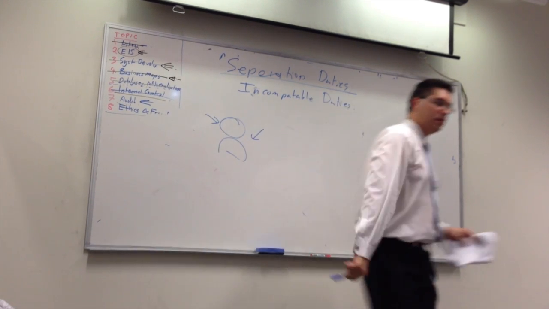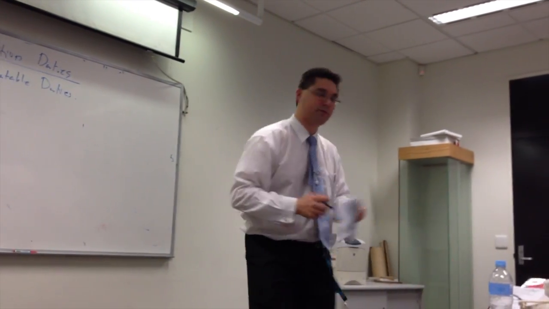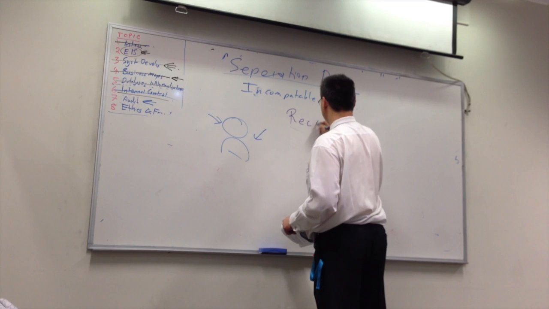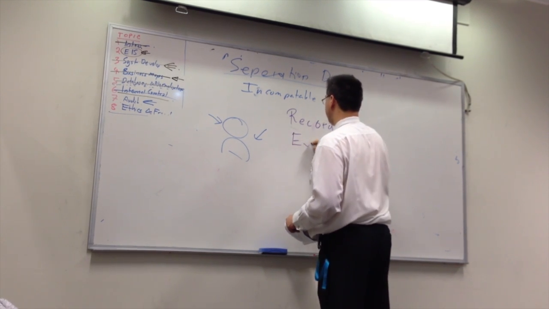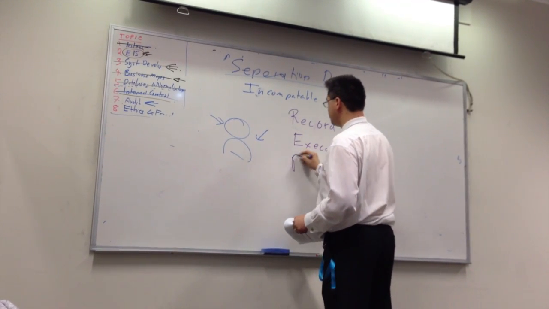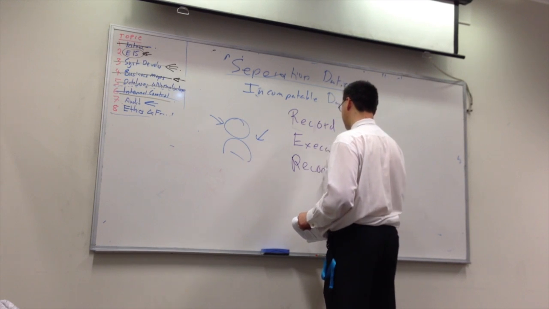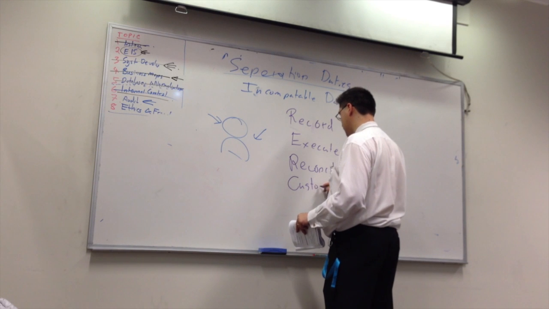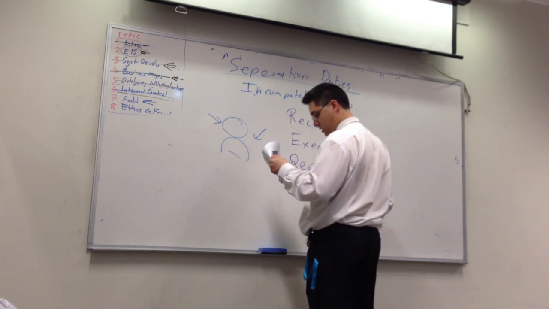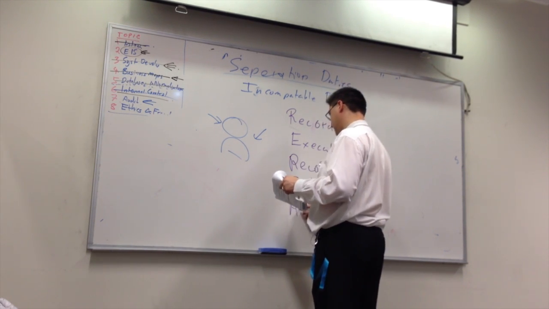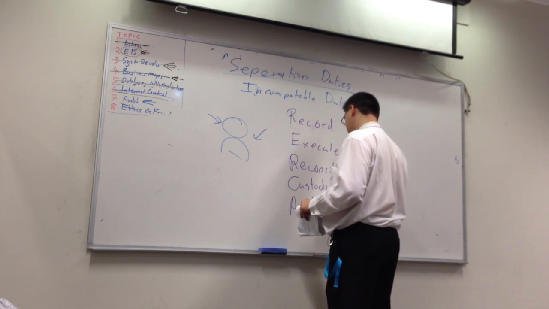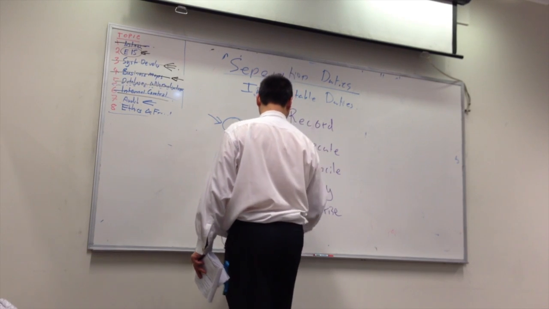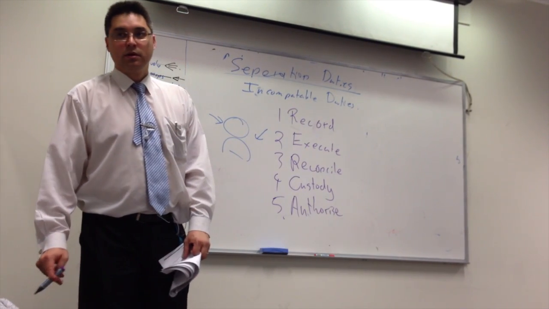So, you should not have one person that records, executes, reconciles, holds, what do they call holding? Custody. And authorization. Authorize.